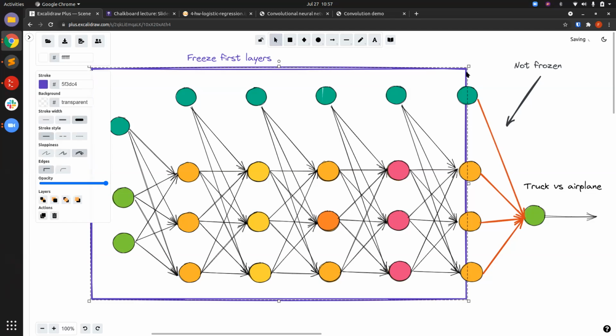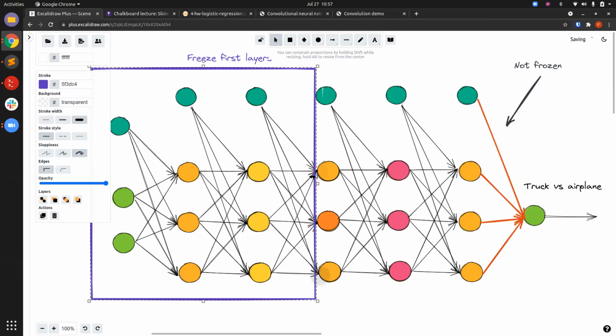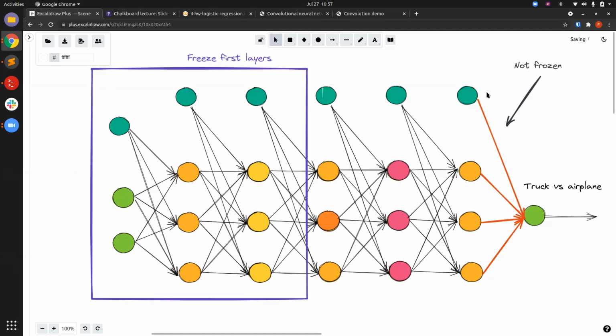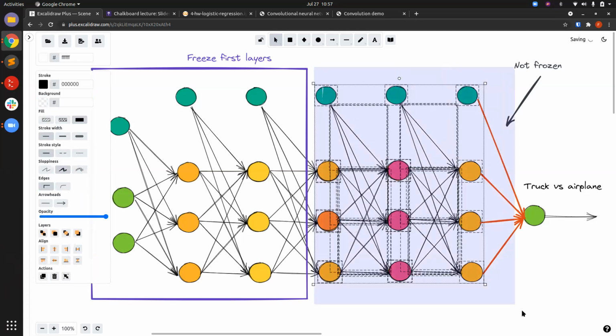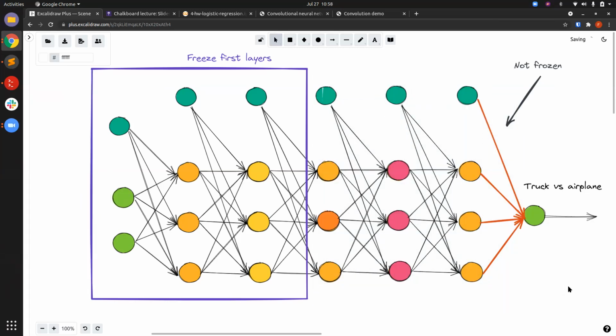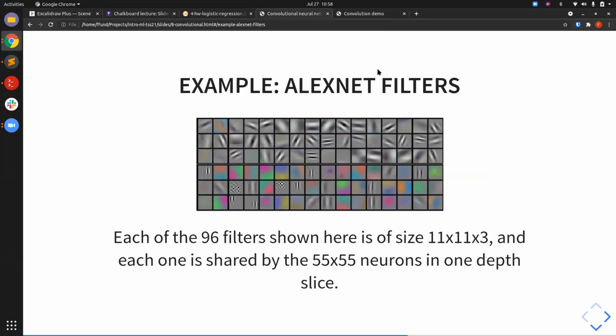So if my eventual task is more different, then I can still benefit from freezing the early layers, but maybe I need to learn slightly different complex features. So I'll freeze the first few layers, but I'm not going to freeze, let's say, more of the output layers. And so I can still take advantage of all the training I already did on cats versus dogs, but I have a little more training to do to learn what are the complex features that distinguish trucks versus airplanes. So this is the idea behind transfer learning.